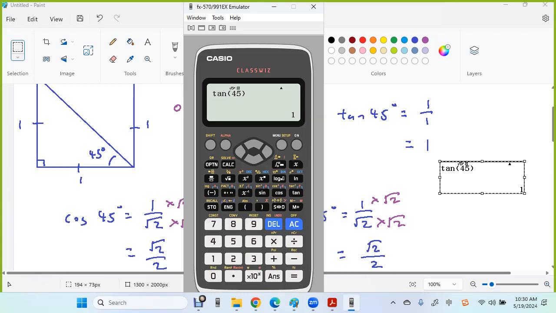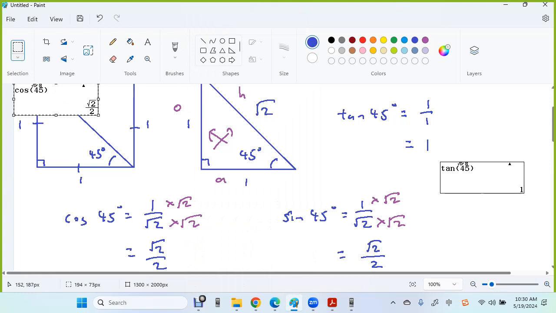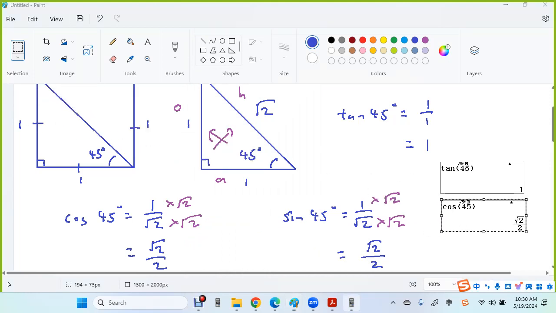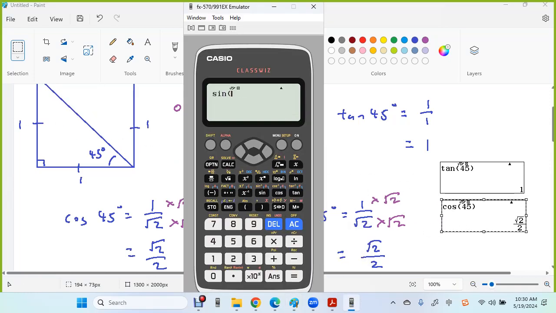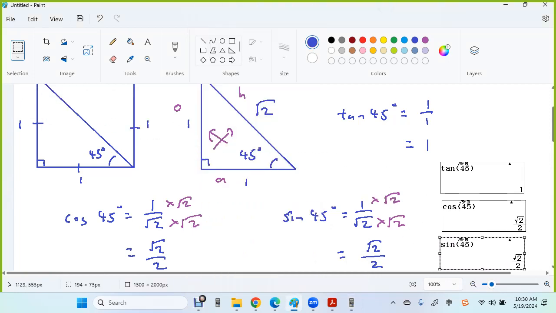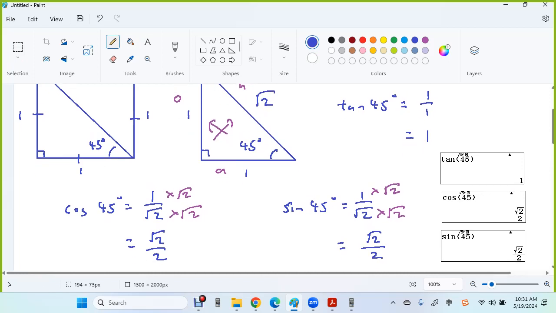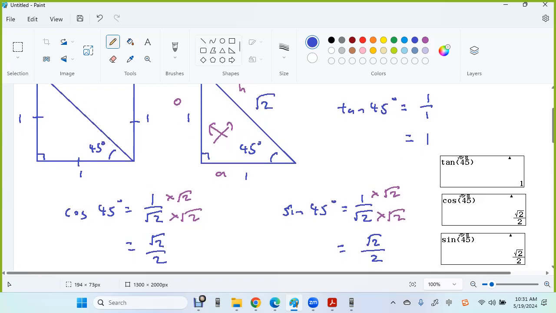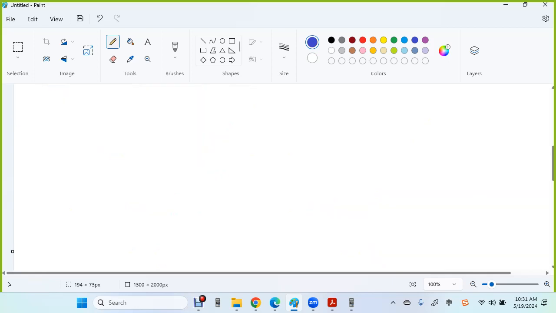And then we have the cos 45 degrees, it is square root 2 over 2. And the sine 45 degrees is also square root 2 over 2. So in case you don't have a calculator and in the exam a calculator is not allowed, you can get the sine, cosine, and tangent values for 45 degrees.